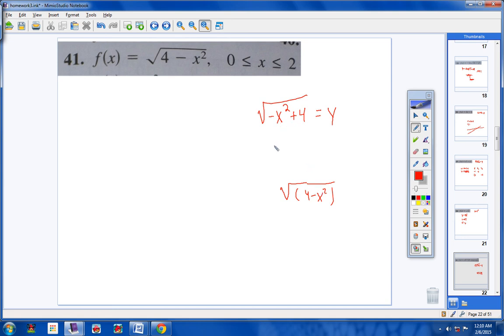Now type this in, so second square root, and this will pop up, and then type negative x squared plus 4, and then close the parentheses. And guys, then hit graph, and we should be good, okay?